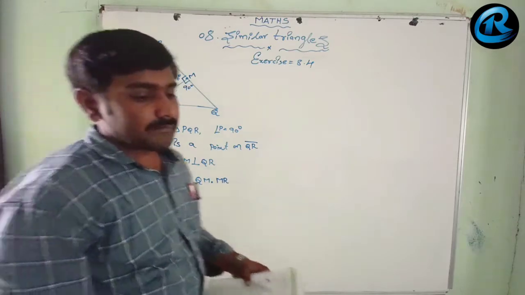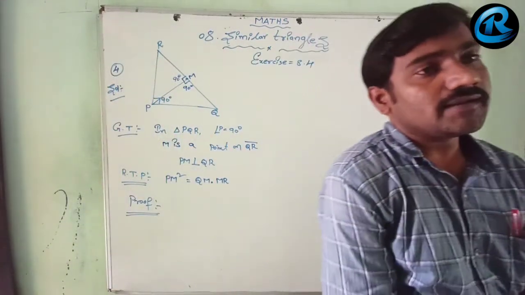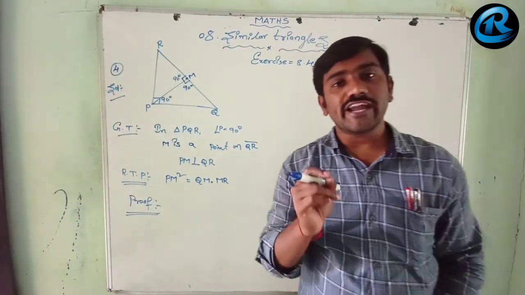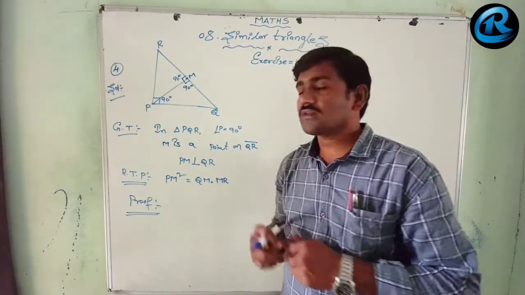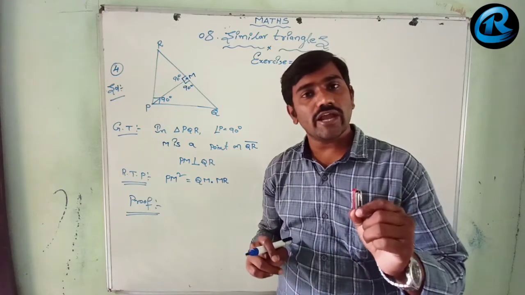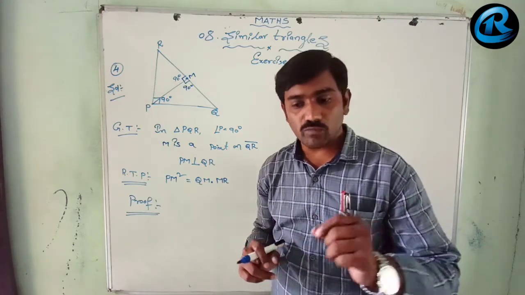So very simple. For this we need to remember one theorem, that is theorem number 8.7. Already we have discussed it at the beginning of this video. What is theorem number 8.7?